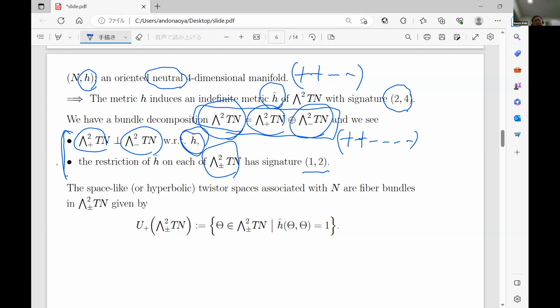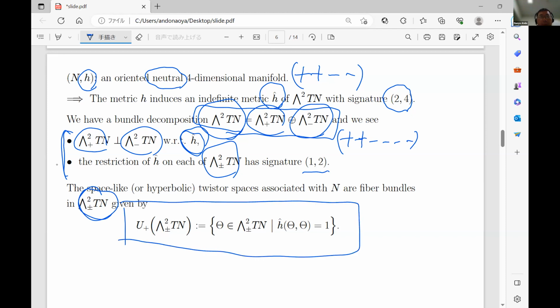The space-like twistor spaces associated with N are fiber bundles in these subbundles given by this. The space-like twistor spaces are analogs of the twistor spaces associated with oriented Riemannian four-manifolds. Each fiber of the space-like twistor spaces is a hyperboloid of 2 sheets.